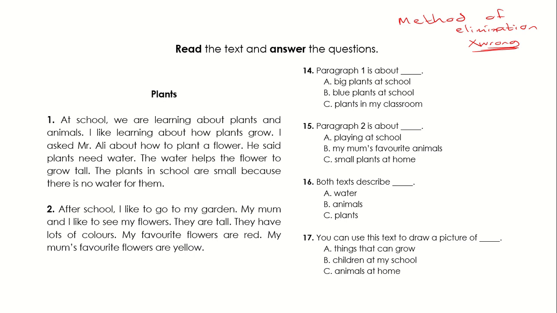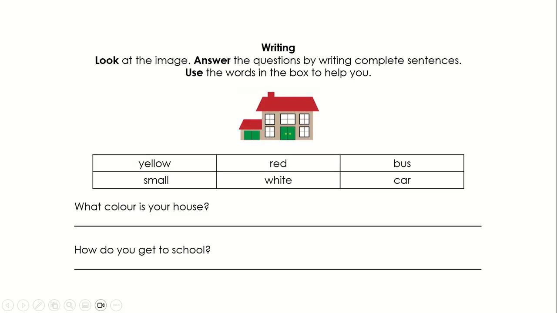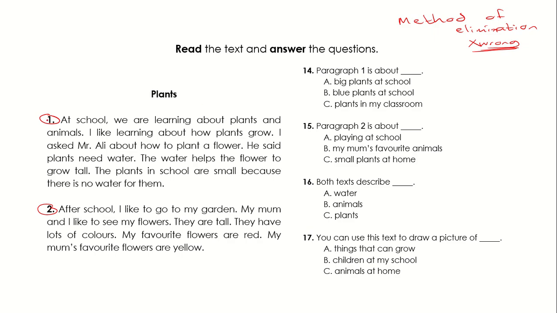So let's look at our information first. There are two paragraphs, number 1 and number 2. So let me look first at number 1. Number 1 says, paragraph 1 is about big plants at school, blue plants at school, plants in my classroom.